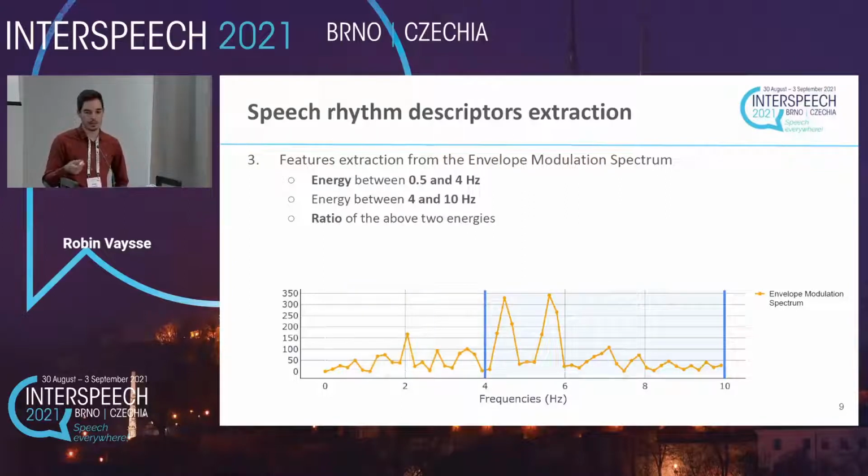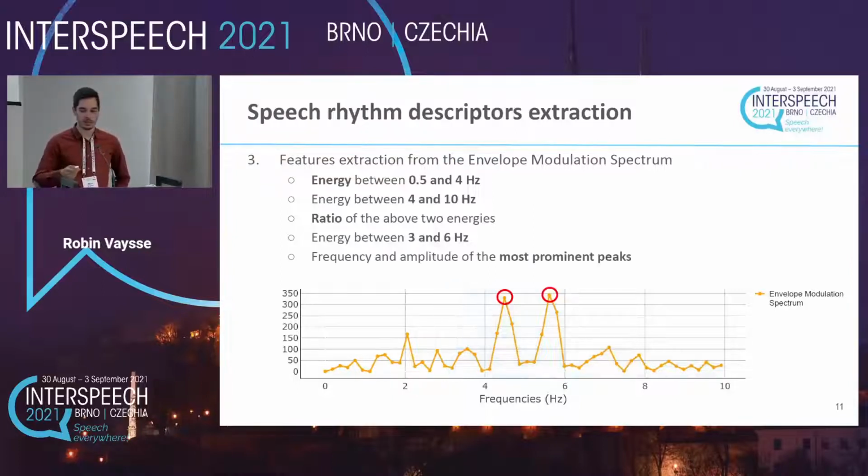We also extracted the energy in the 4 to 10 Hertz band, which corresponds more to syllables and phonemes, for example, and rapid speech elements. We also computed the ratio between those two energies, which we will see later, but it is very important. And we extracted the energy between 3 and 6 Hertz, and also the frequency and amplitude of the most prominent peaks.